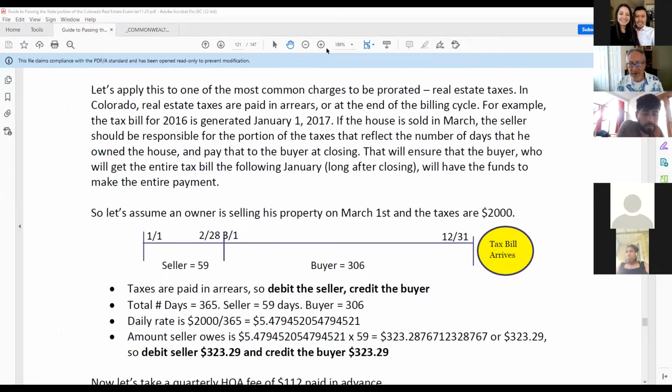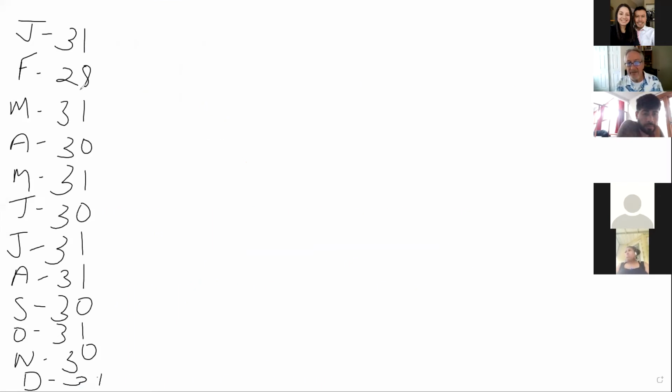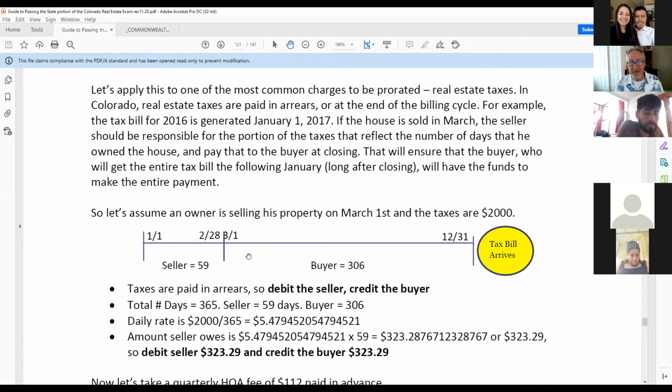So it's real simple. 31 and 28 is 59. And then we can just subtract that from 365 to get 306. We can do that easily rather than going through each month. Now we have the right number of days and we know which side is which.